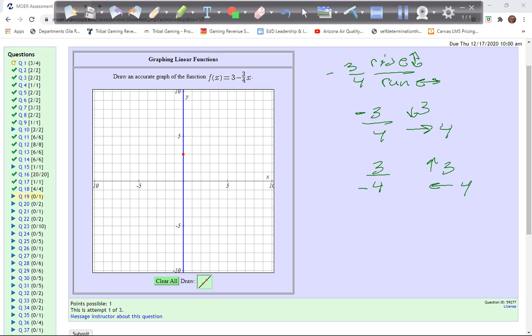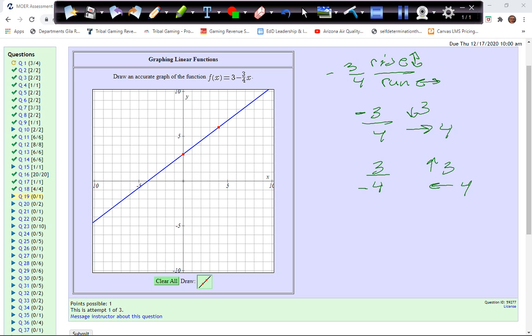So we could go up 3. Which one are we going to do? Up 3, 1, 2, 3. I haven't clicked on anything. And then go over 4, 1, 2, 3, 4. There it is. And notice I would have got the same line had I gone down 3, 1, 2, 3, and then back 4.